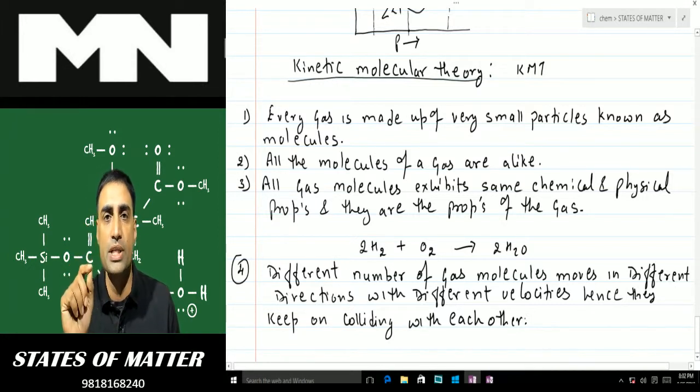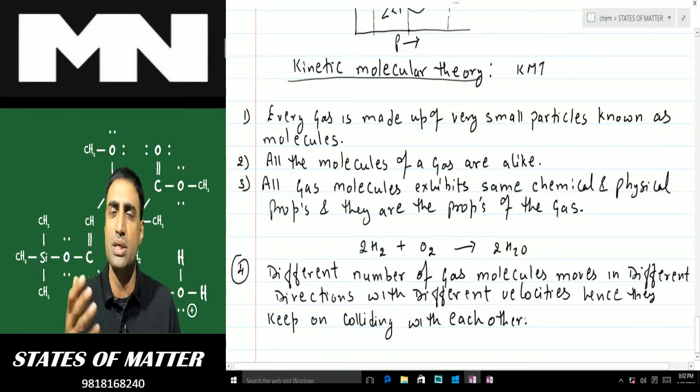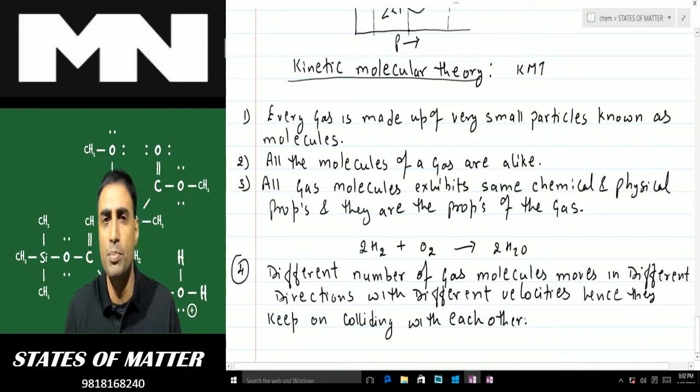If they are not moving, they will not collide with the wall of the container and will not exert any pressure. That means the pressure of the gas would become zero after some time. Whereas it is not like that. You can store a gas in a container for thousands of years. If the temperature is the same, you will have the same pressure, because the collision among the gas molecules is perfectly elastic.